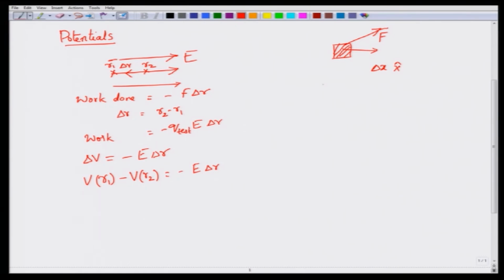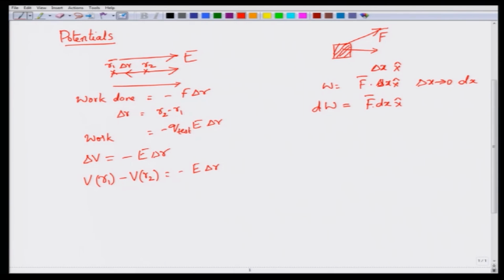So, I know that the amount of work done is F dot delta x, and in case we let delta x go to 0, in the limiting process, this becomes dx. So, the differential amount of work done will be equal to F dot dx x hat.